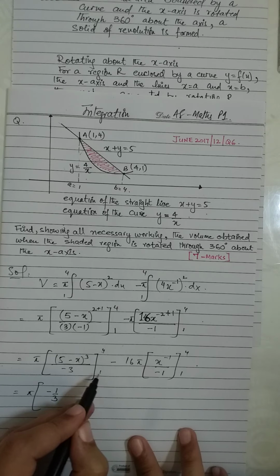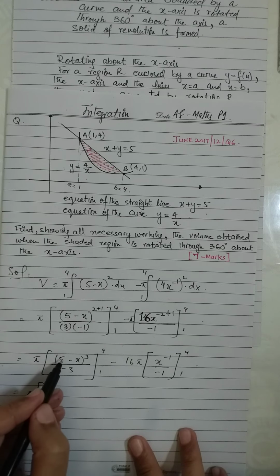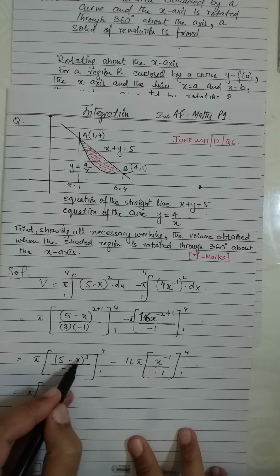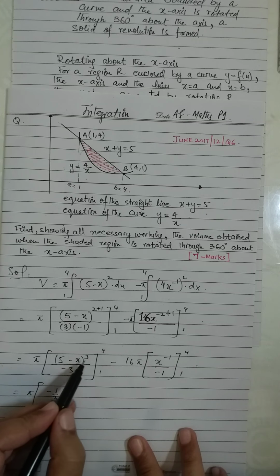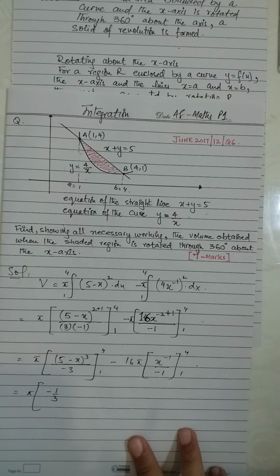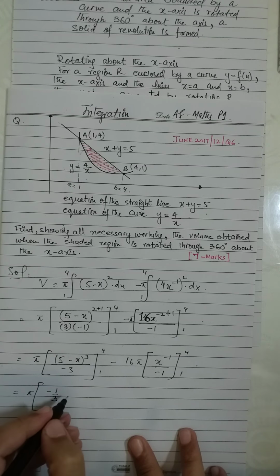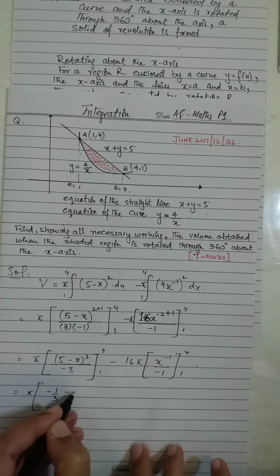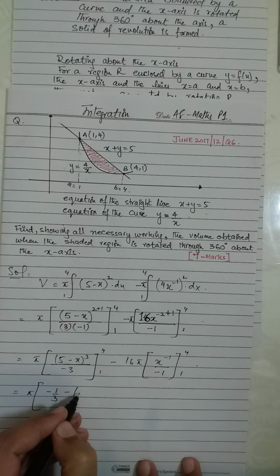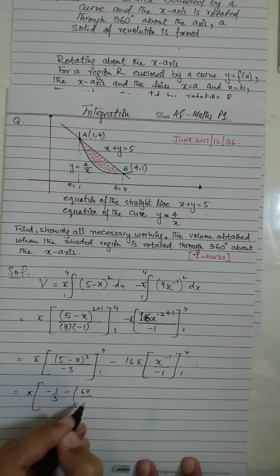If I substitute the value of 1 over here, I'll get 5 minus 1, which is 4. 4 to the power of 3 is going to give me 64, over minus 3.